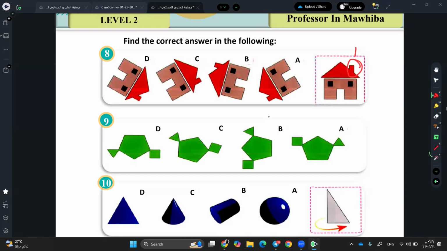A on the right, B on the right, C on the left, D on the right. So what do you think is the answer?